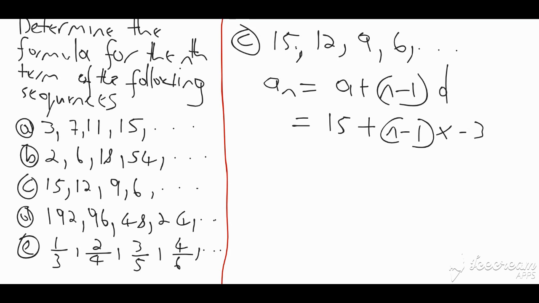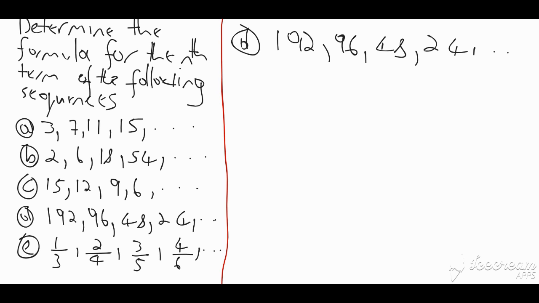So this is now going to give me 15 minus 3n when I distribute the bracket, plus 3. Looking for the like terms, I can say this is negative 3n plus 18, or I could go 18 minus 3n. In both scenarios it works, it doesn't really matter.